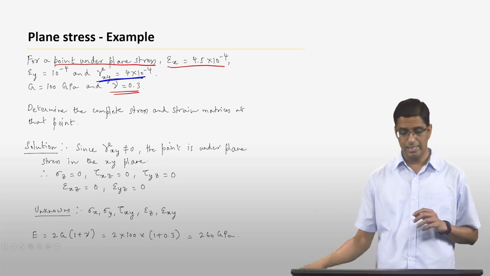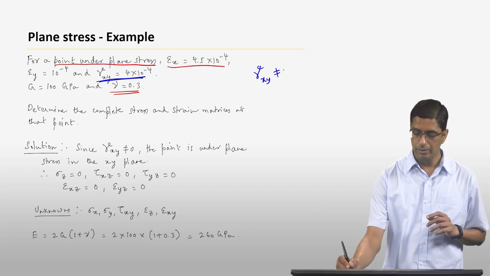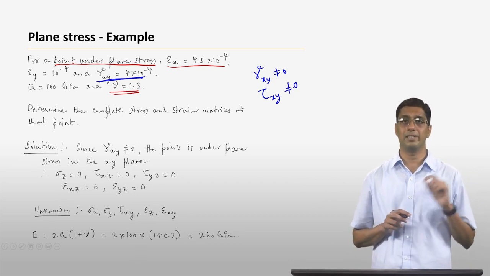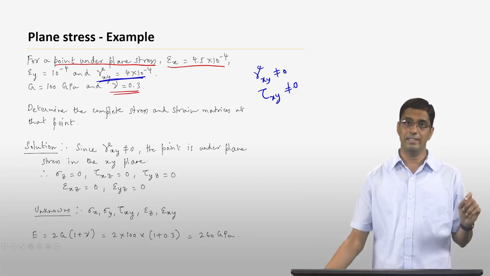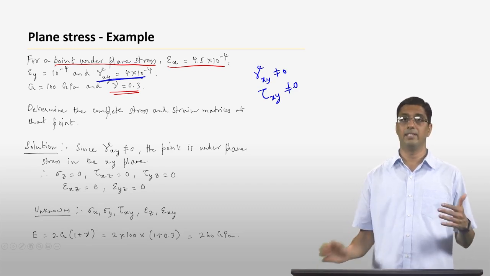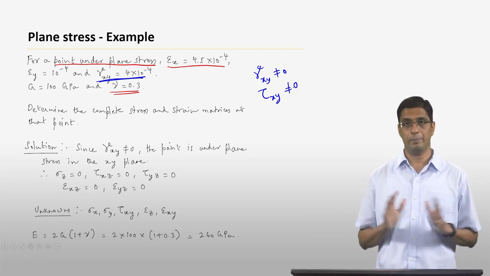The reason is that if gamma xy is not 0, then tau xy is not 0. So the shear stress in the xy plane is not equal to 0, which means there is a stress in the xy plane, and that means it has to be plane stress in the xy plane.